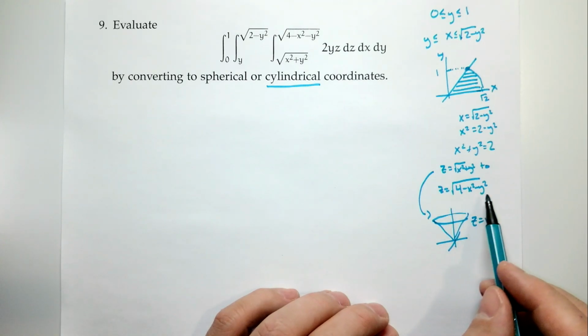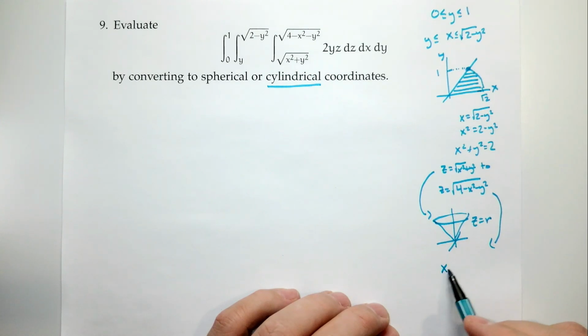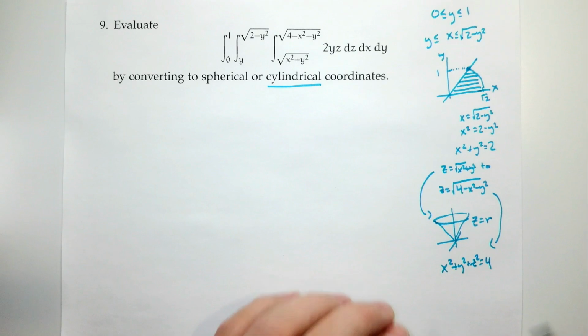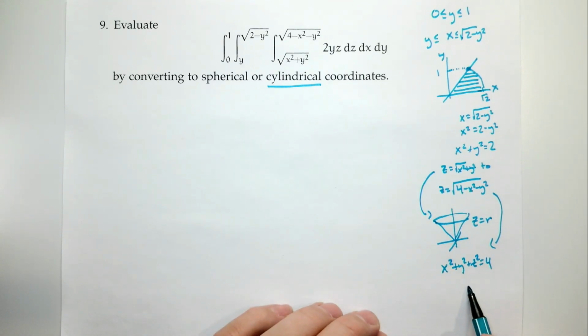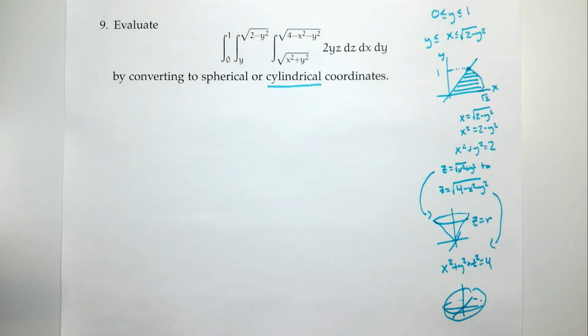Now, z equals the square root of 4 minus x squared minus y squared. Probably an easier way to write that is x squared plus y squared plus z squared equals 4. Square both sides, move things around. So that says we're going to go up to the sphere. Okay, so this is a sphere of radius 2. All right.